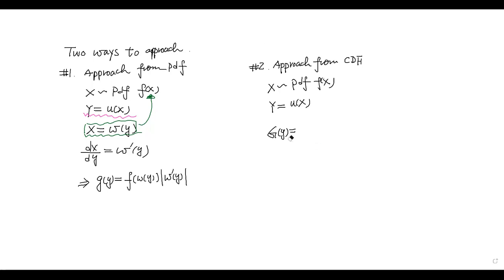Let me use the definition, maybe that's better. So this will be the probability that Y is less than or equal to y. So then you can put the probability here that u of X is less than or equal to y. Then you still do the inverse function. So you will say X is less than or equal to w of y.